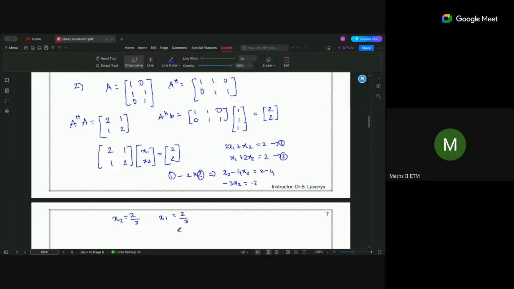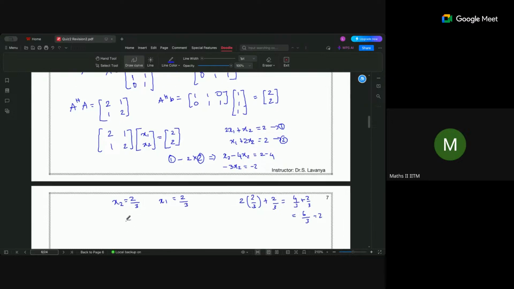It's 2 by 3. Right? So you can verify it from the equation. 2 times 2 by 3 plus 2 by 3 is 4 by 3 plus 2 by 3. So you have 6 by 3, which is 2. Okay. So you have a unique solution in this case. Okay. Fine.